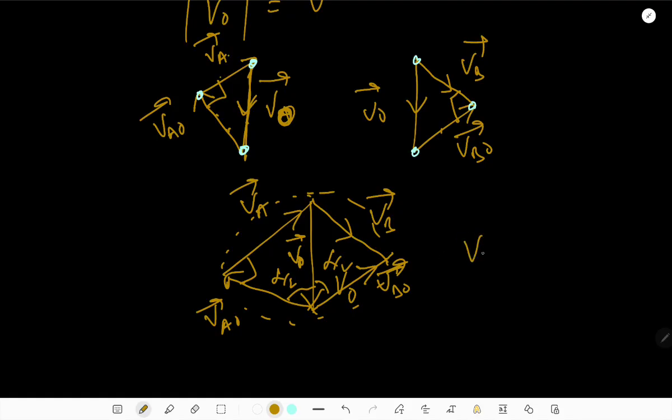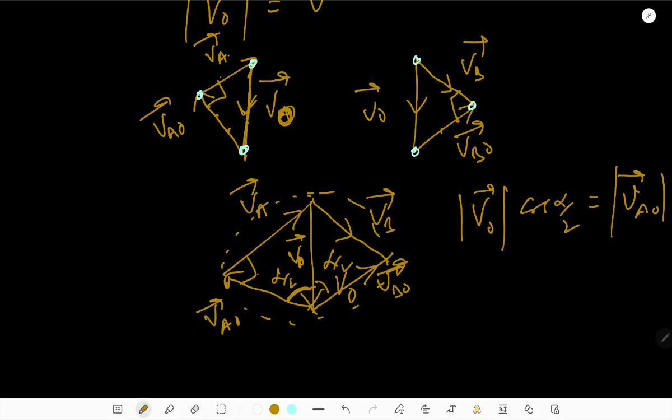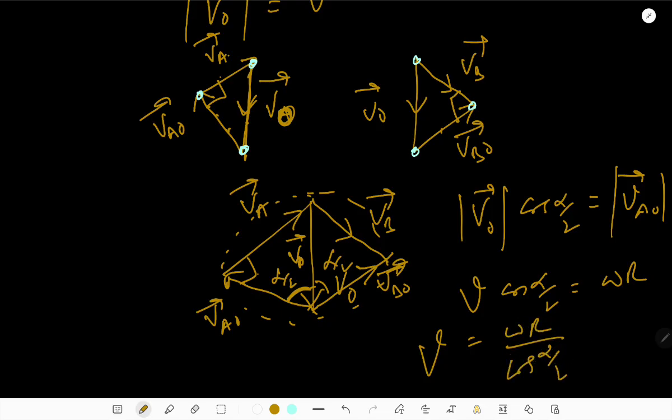This is a right angle triangle and this angle is alpha by 2. So I can write V cos alpha by 2 equals the magnitude of the velocity of A with respect to O, which is omega r. So we get V equals omega r divided by cos alpha by 2, and that should be our answer.